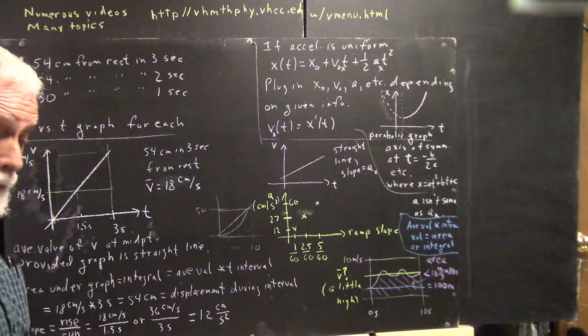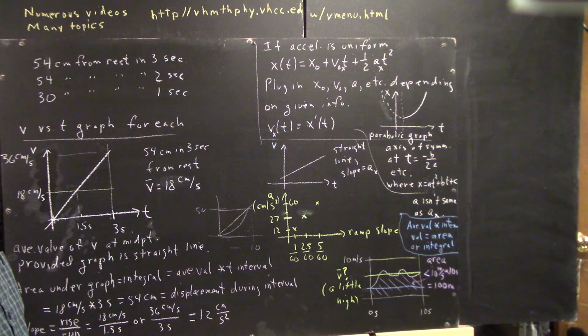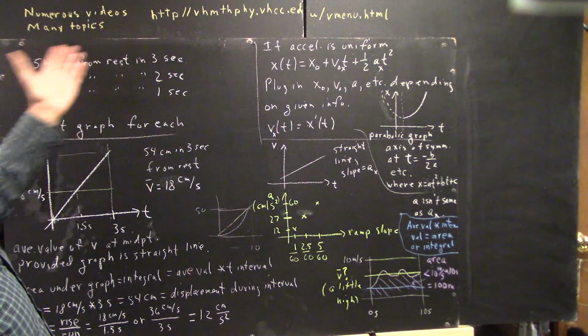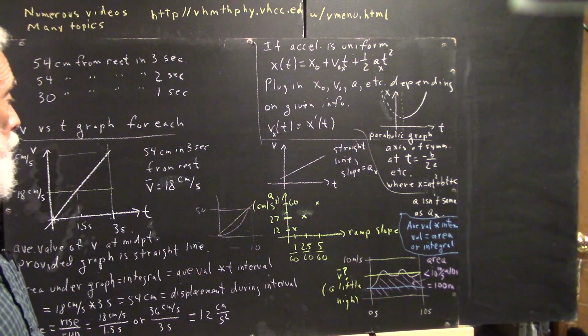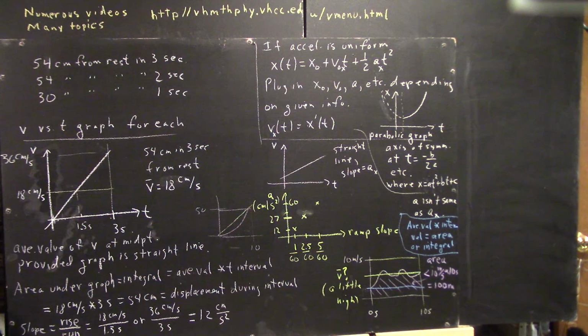And I said, okay, well, let's kind of test that. And I actually said, well, that's not right, but let's see why it's not right. Okay, and then it took a while. And I asked, okay, well, what quantity here would you label on a graph of v versus t? Some people wanted to label 54 centimeters.